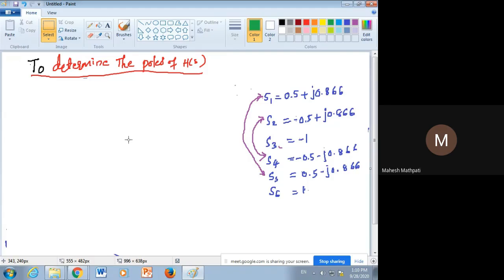It is found that the angular separation between the poles is given by 360 degree divided by 2n.